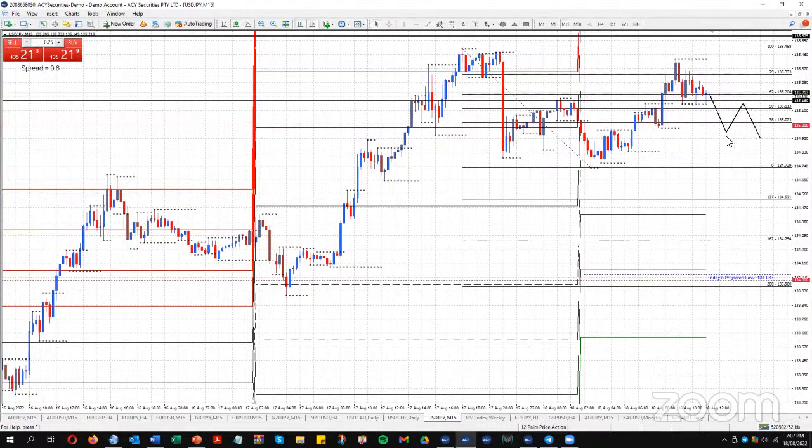At the moment, it is dealing above 135.16, so I would be looking to see whether or not it wants to move back below.